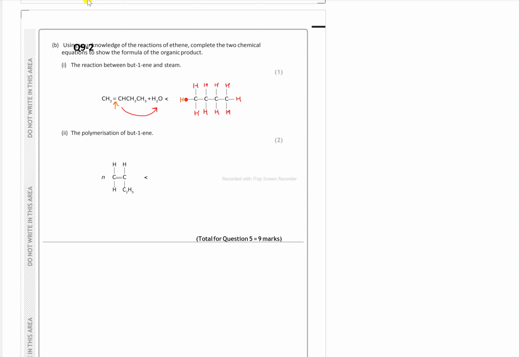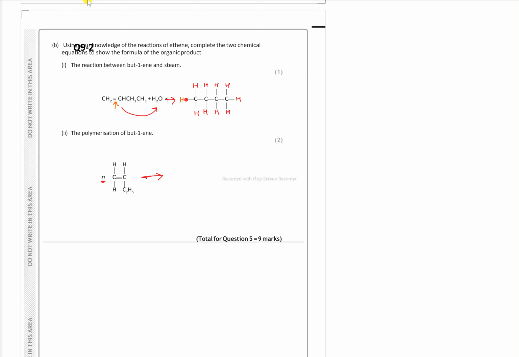Right, so the polymerization of butene. You've got lots of an n number of these but-1-ene. That's again a typo. It should be that way.